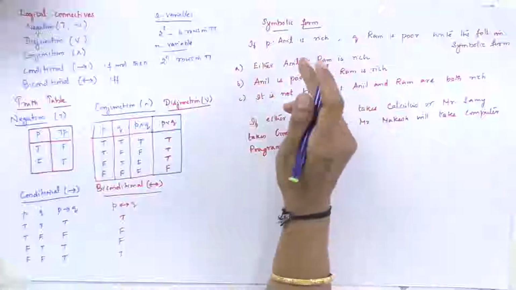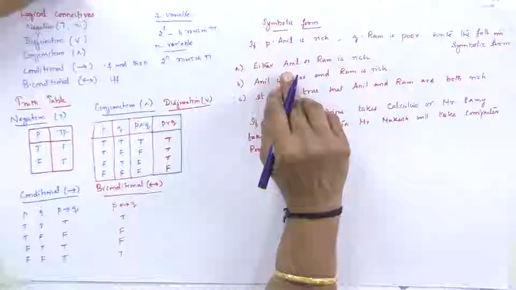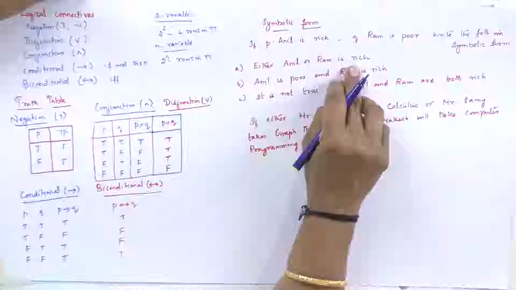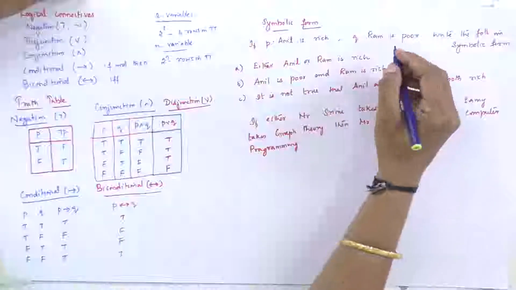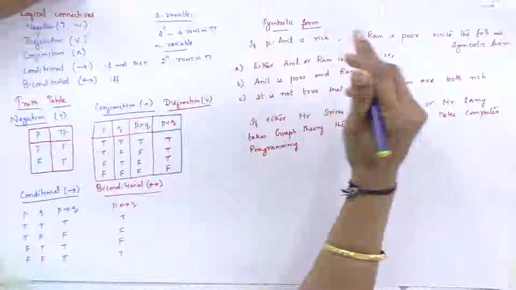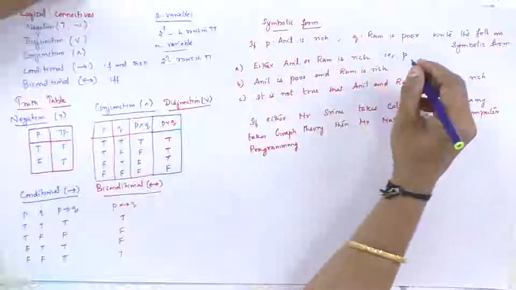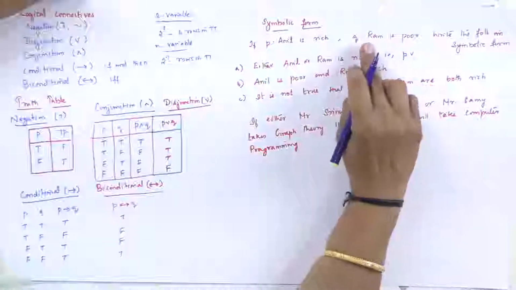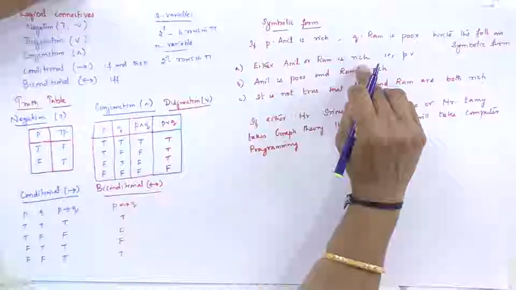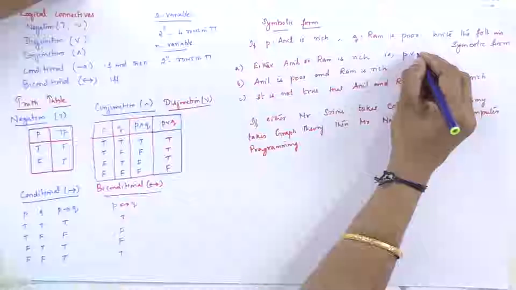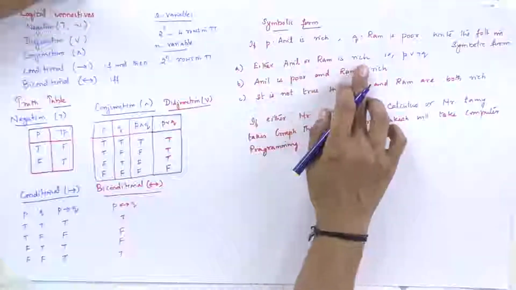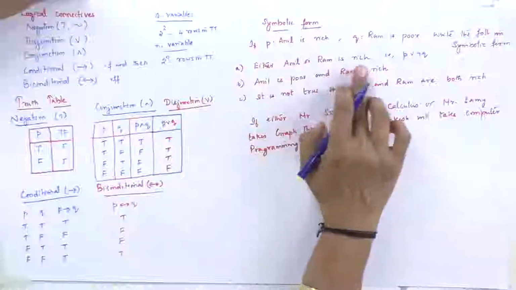Either Anil or, so this or that, which means either Anil is rich or Ram is rich. Anil is rich, we can denote it as P, disjunction, and Ram is rich. Ram is poor is given as Q. Ram rich is nothing else but the negate of this. So the symbolic form of either Anil or Ram is rich is P or negate Q.